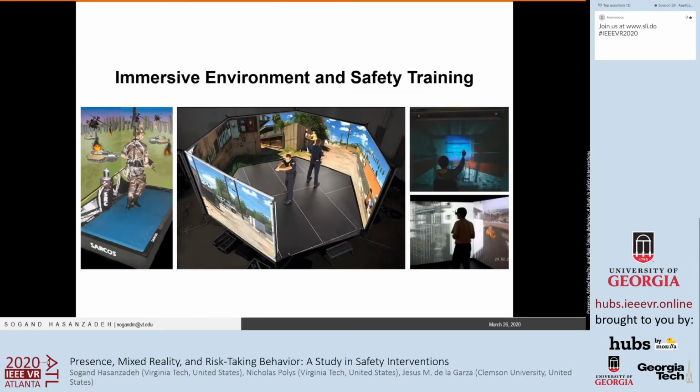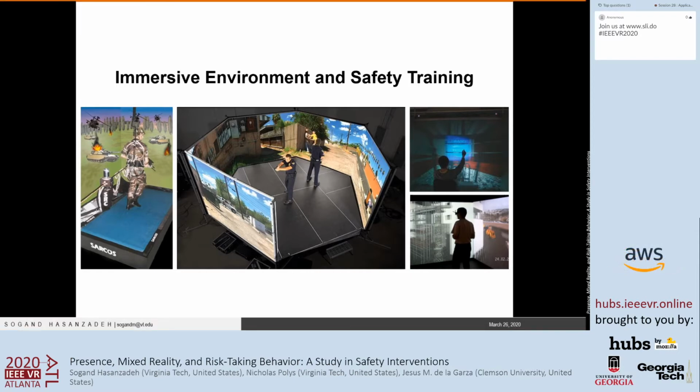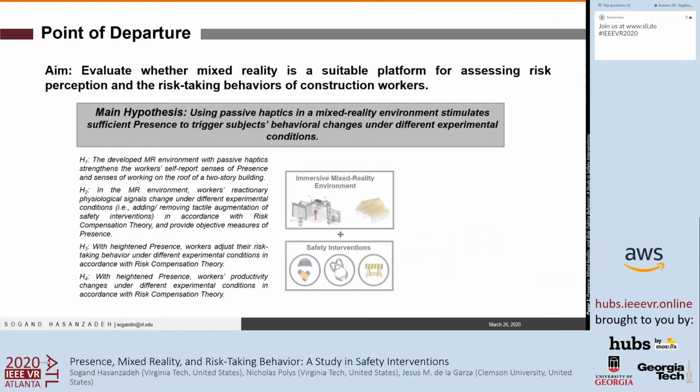Also, immersive environments have been used broadly for safety training, for simulating hazardous situations in a risk-free setting, for phobia treatment, for emergency evacuation training, or even intensive training in hazardous military missions. Few studies use this system to examine the risk-taking behavior of workers. So such systems are ripe for exploration of the risk compensation theory that I explained.